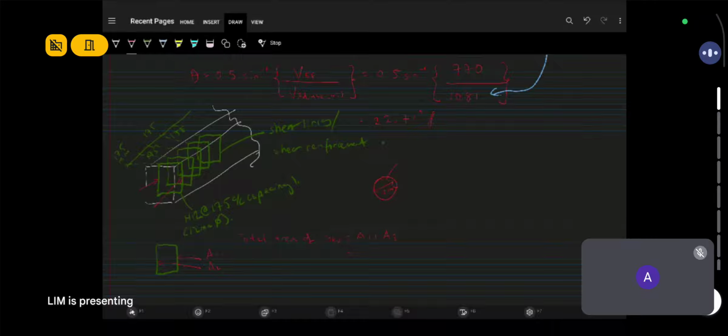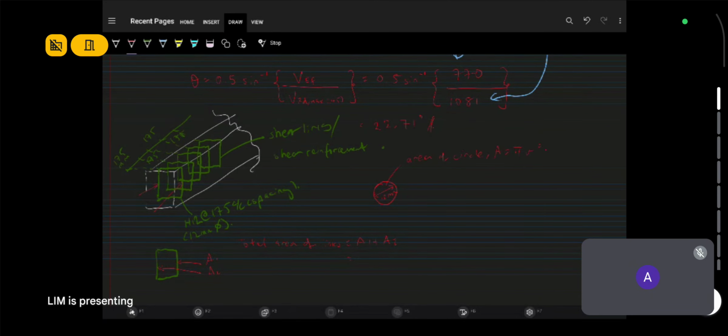Pi r squared. Can I use D? Okay, never mind, we use pi r squared. Calculate it for me quickly.